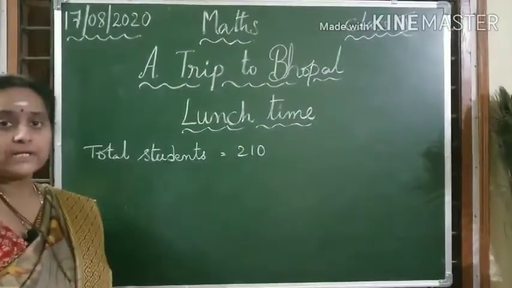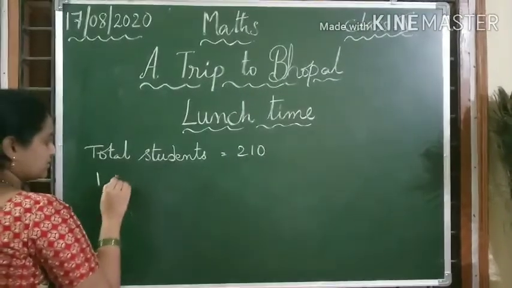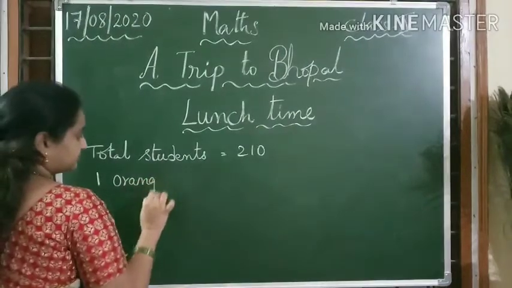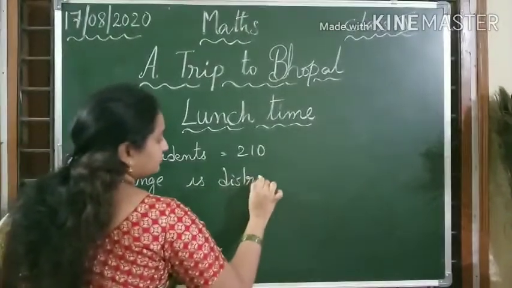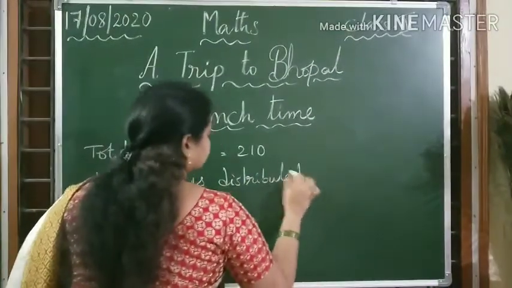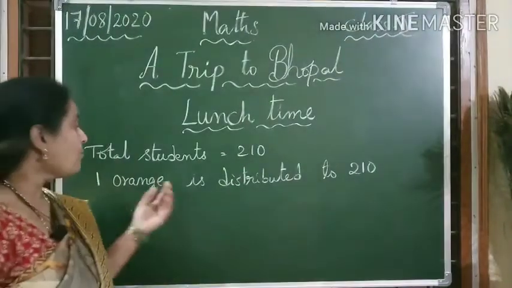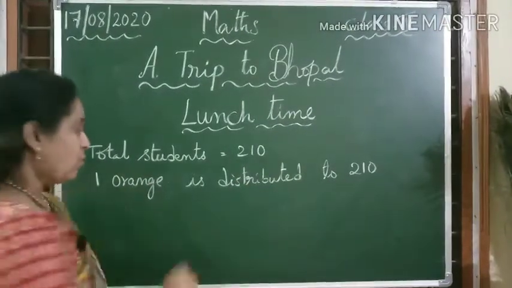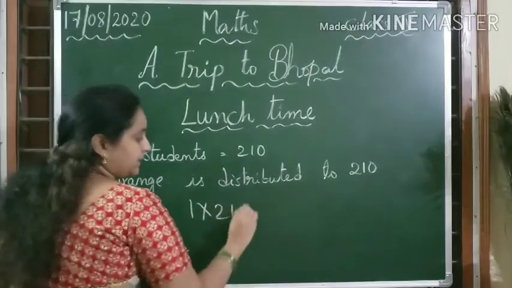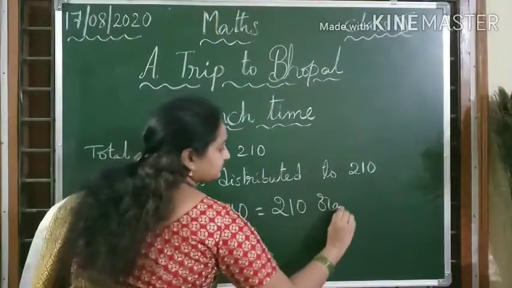So, one orange is distributed to 210 children. Then, how many oranges are distributed to the total children? 1 into 210, which is nothing but 210 oranges.